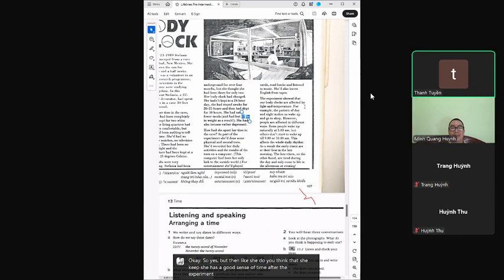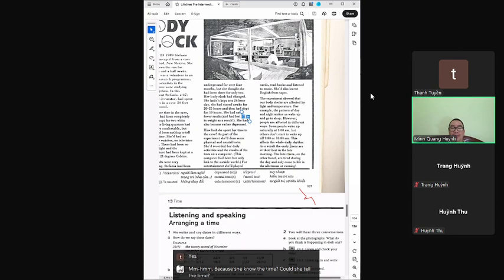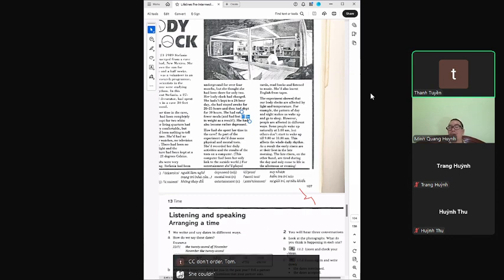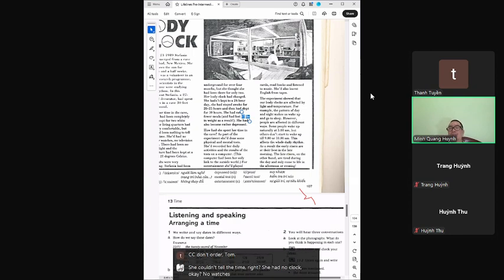Could she tell the time when she was down in the basement? She couldn't tell the time, right? She had no clock, okay? No watches. She stayed awake for 25 hours and slept for 10 hours, right? So she doesn't know the time. She doesn't know whether it is day or night, okay?